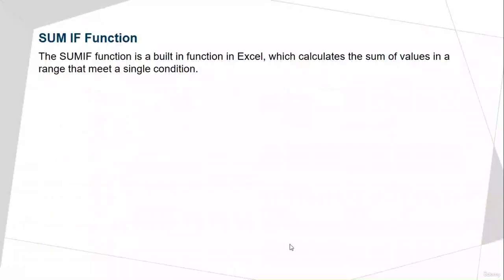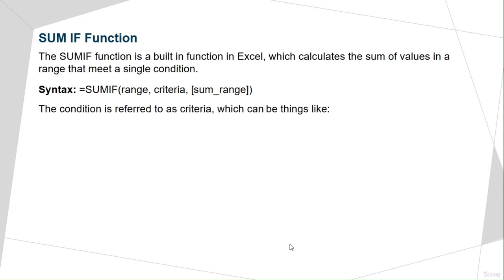The SUMIF function is a built-in function which calculates the sum of values in a range that meets a single condition. The syntax of SUMIF is equal to SUMIF, in brackets, the range, then the criteria, then the sum range.